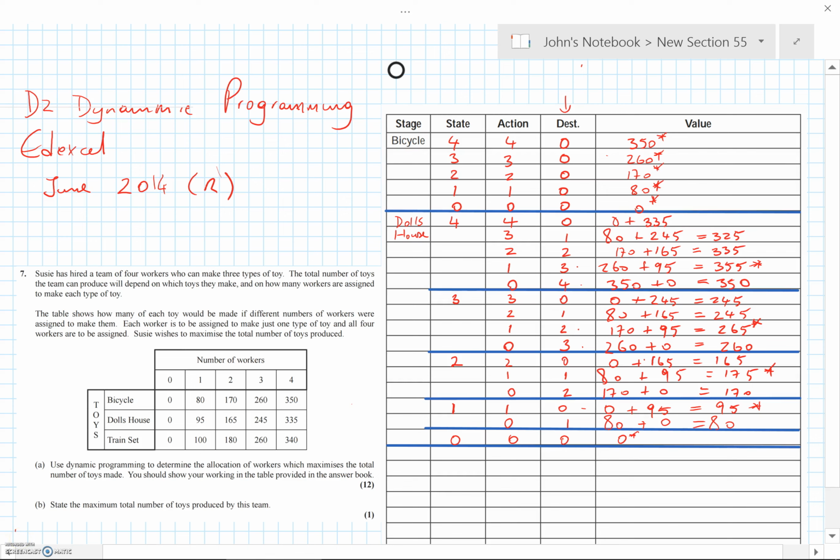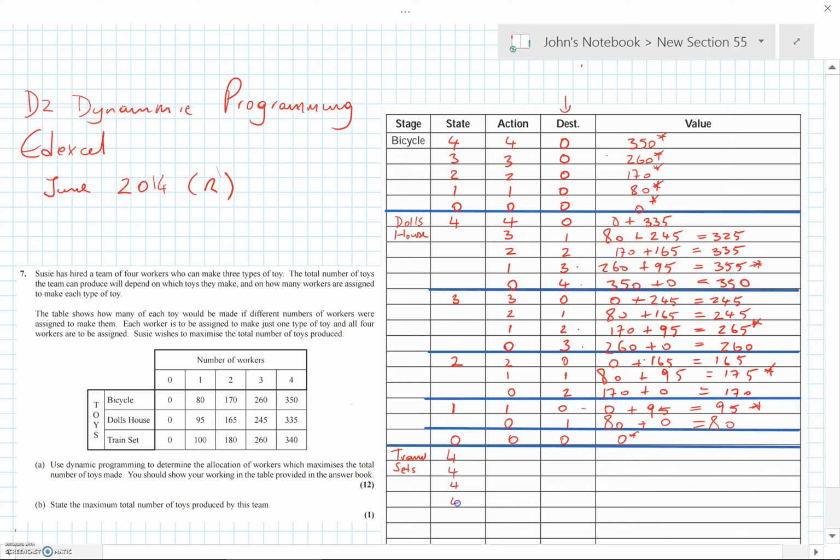Okay, so I've also completed the state of 0 here. At this stage, that one actually implies that no one's available for Doll's Houses, presumably because they've all done train sets, as we'll see in the next state. So we're doing train sets finally here. There won't be any more possibilities to consider really here.